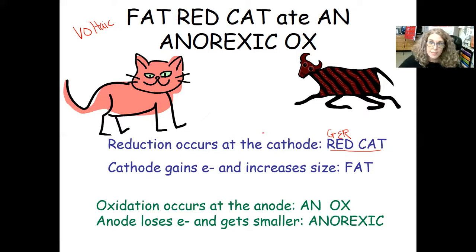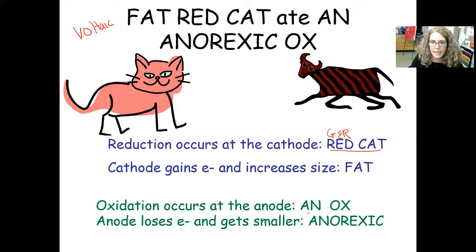So an ox. Let me show you. Hold on, let me grab the ox. This is why I have stuffed animals on my desk. This is Anne the ox, right? She's on a diet. She's getting smaller, okay? So oxidation occurs at the anode.